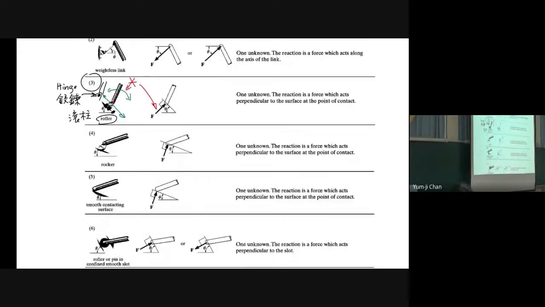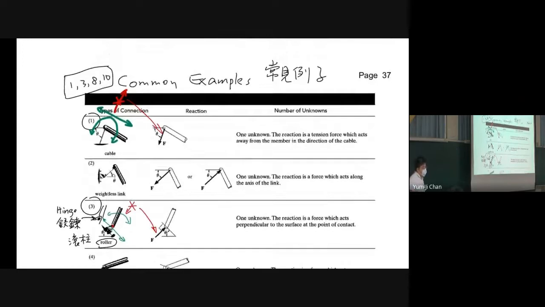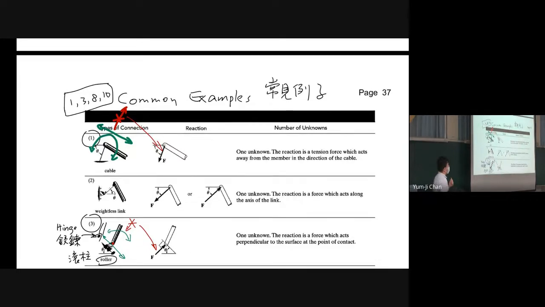Okay, let's have a quick review of what we did last Thursday. For equilibrium of rigid bodies, we have summation F equals 0.